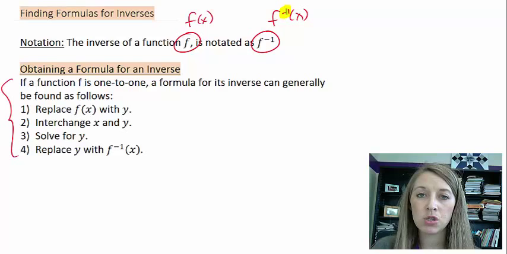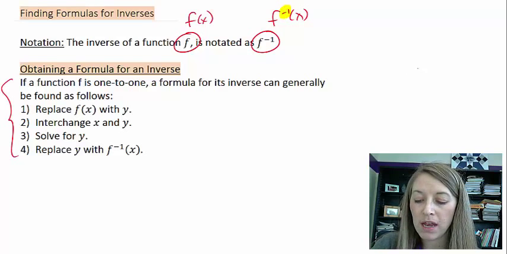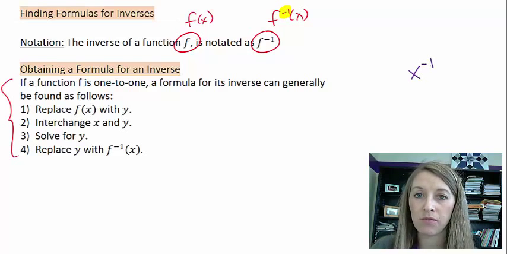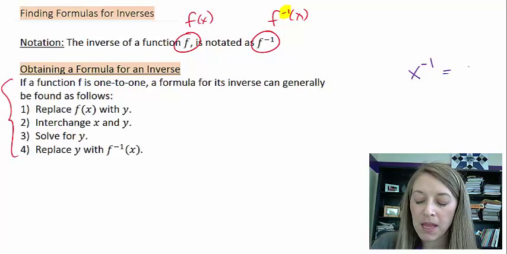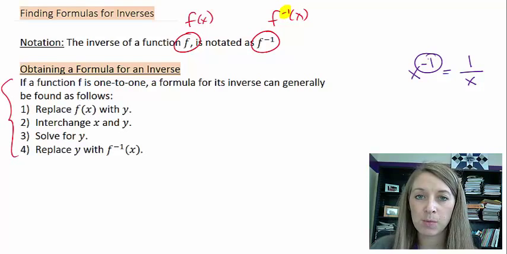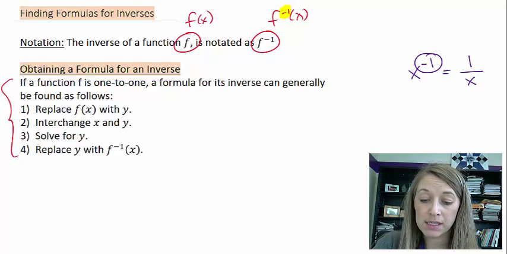If you recall back into the exponent section, we knew that if we had anything to the negative 1 power, that means it's the same thing as 1 over x. So a negative exponent is the same thing as a bad attitude, which means that we need to move it to the opposite floor. Okay, this is not the same thing.